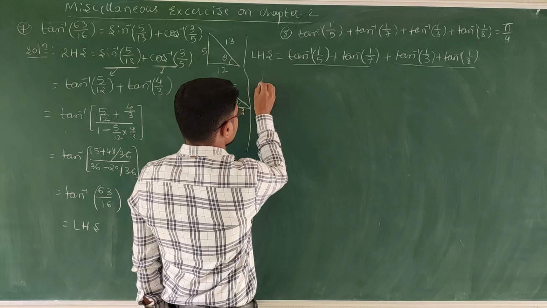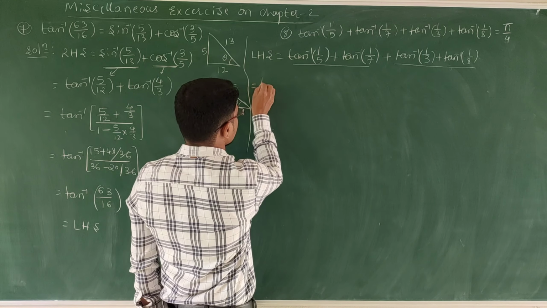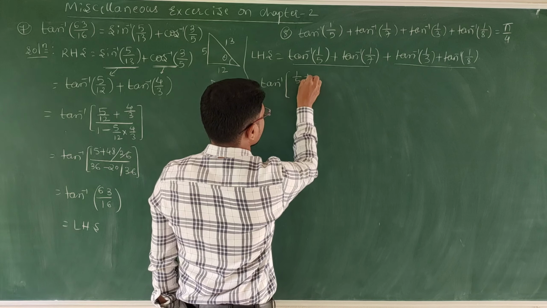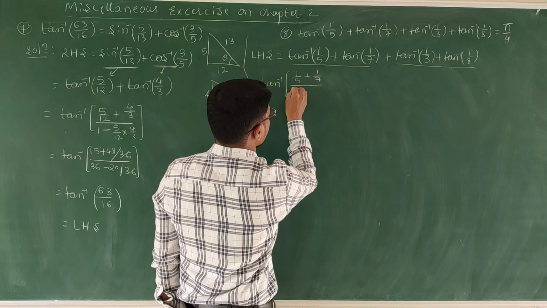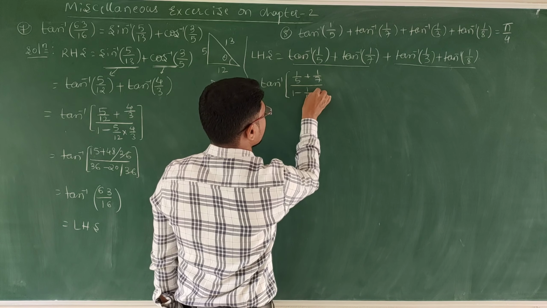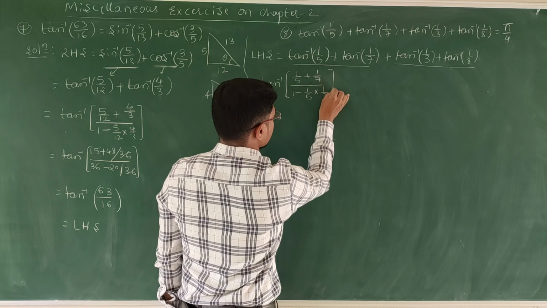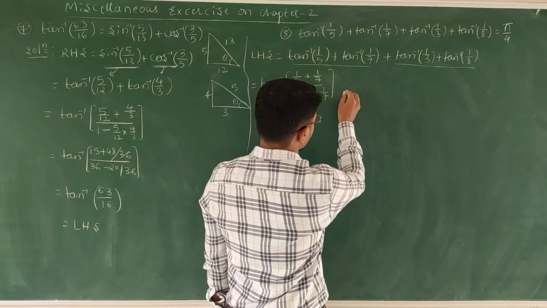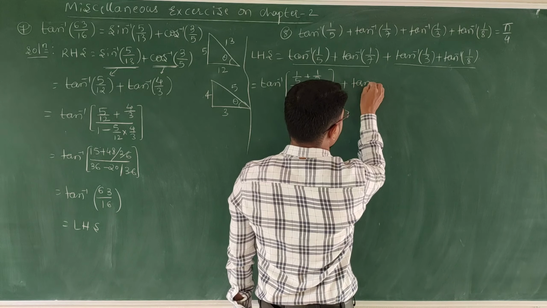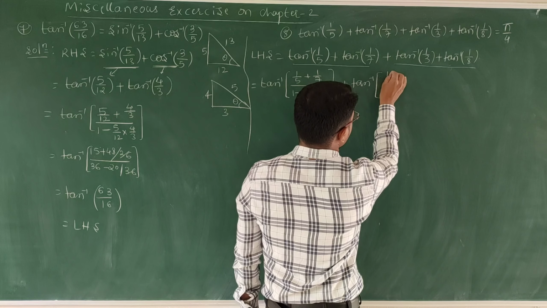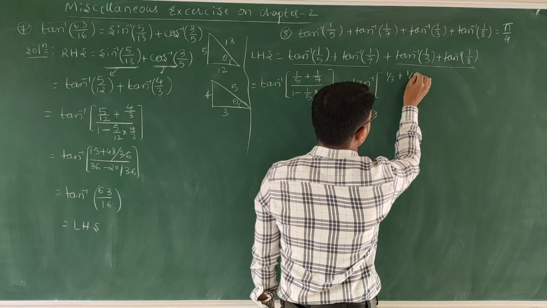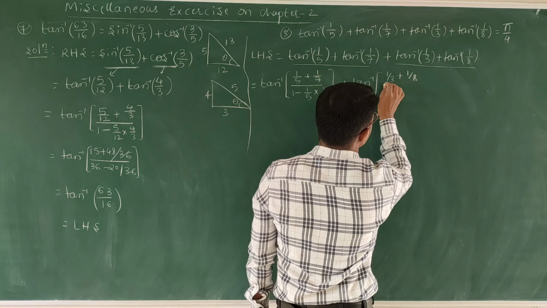Okay, so this is equal to the tan inverse of (x plus y), 1 by 5 plus 1 by 7 divided by 1 minus 1 by 5 into 1 by 7, plus tan inverse of 1 by 3 plus 1 by 8 divided by 1 minus 1 by 3 into 1 by 8.